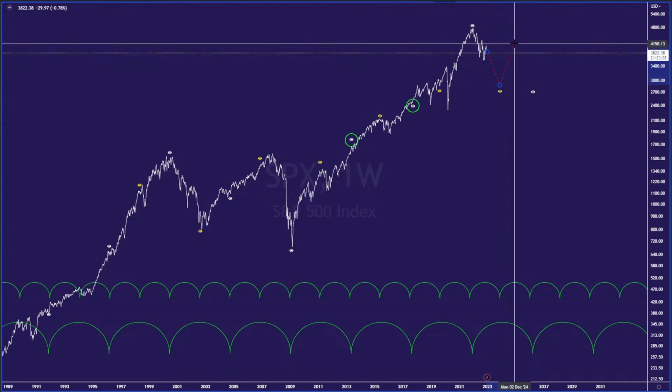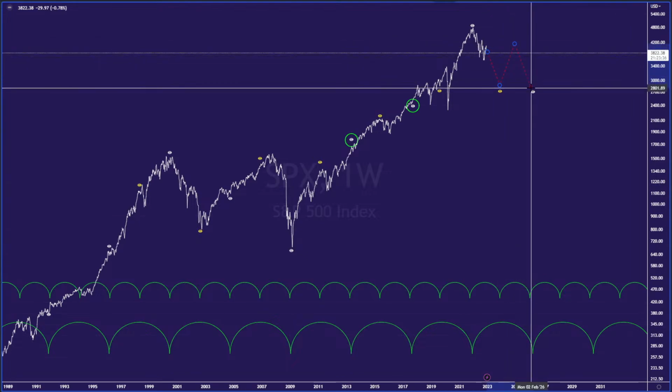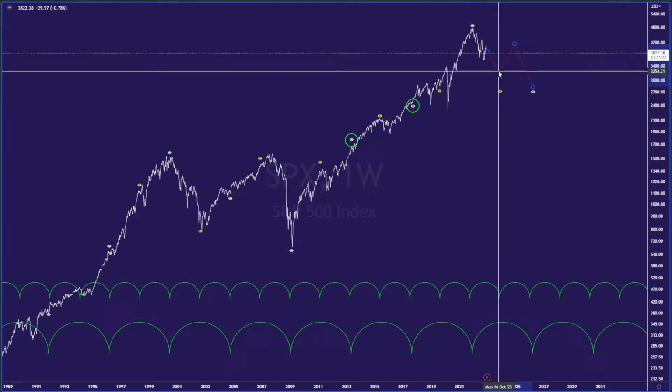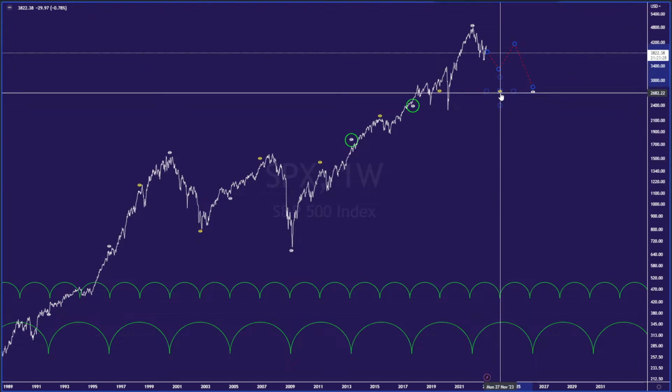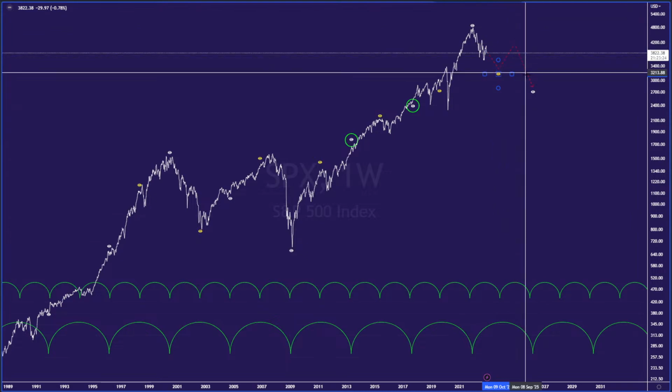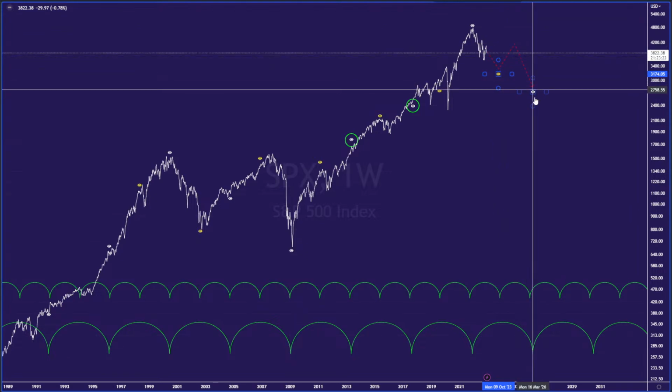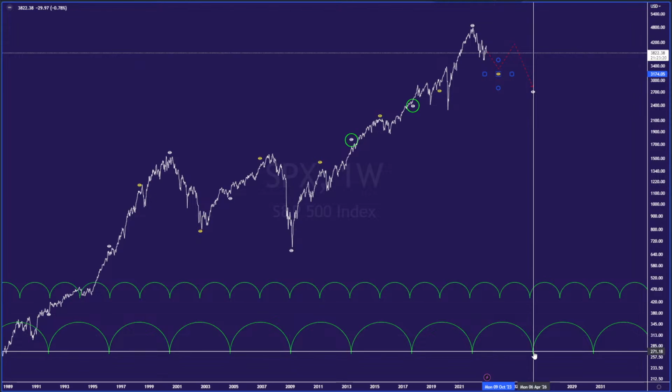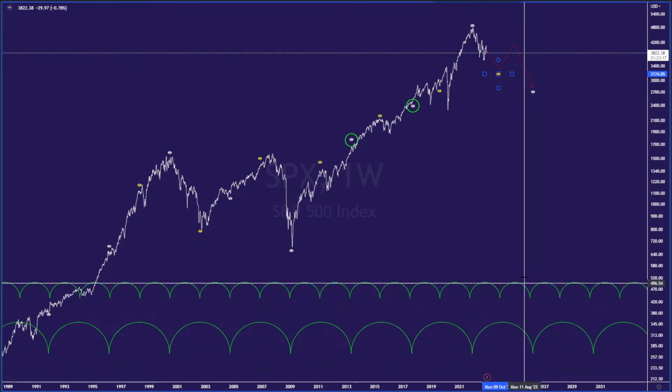But if we do get a pivot there and then see that move down into March of 2026, something like this would actually make a lot of sense. So we get that bottom right here, we move up, and then we see that move down into our full cycle completion, which would be right there.